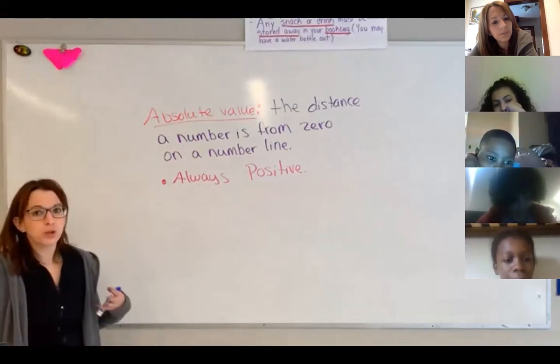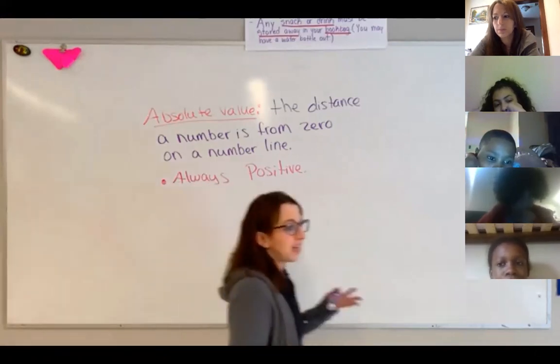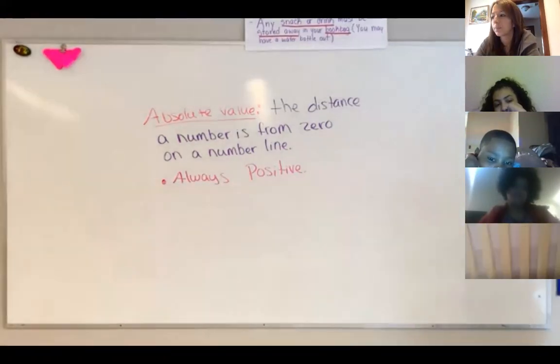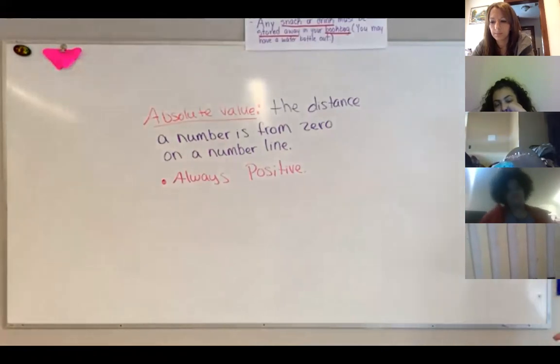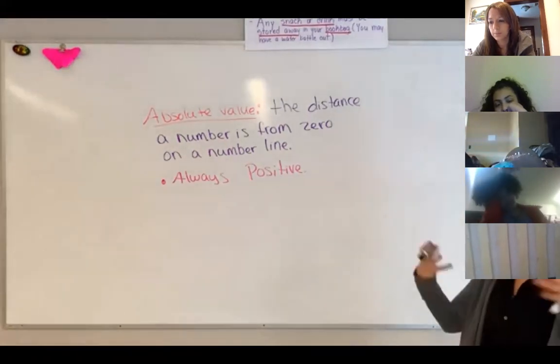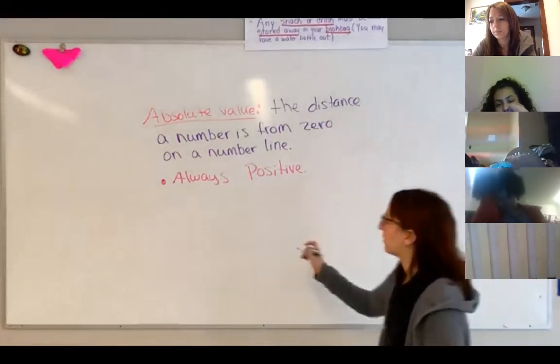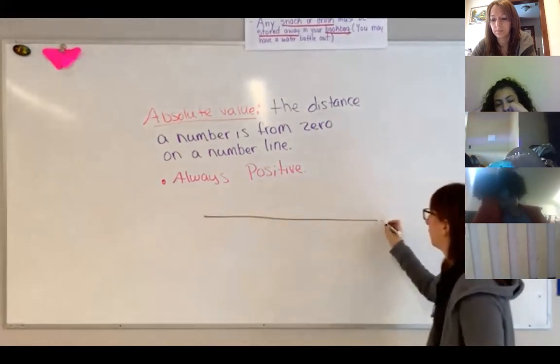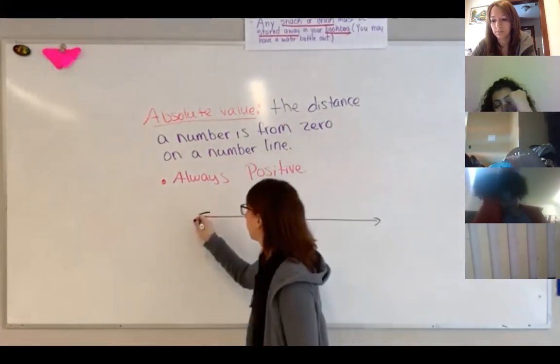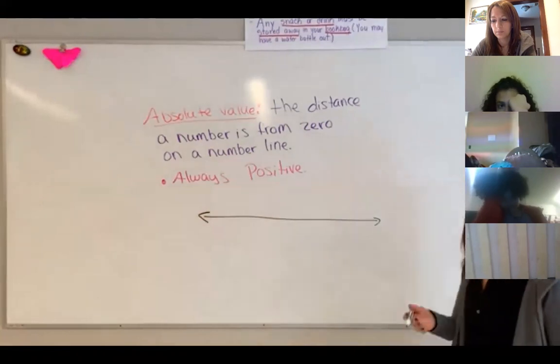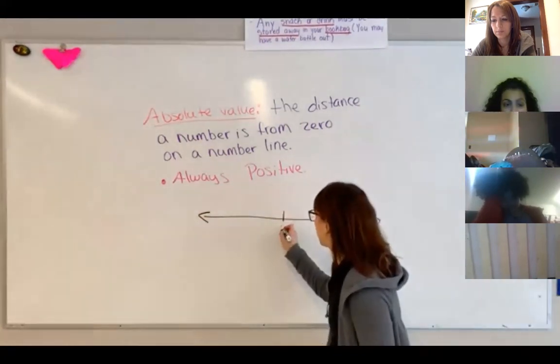So for example, when you walk, right, your feet increase when you walk. You drive a car, the miles on the speedometer increase. It's always positive. So let's look at what this looks like on a number line. Draw a number line. We know that in the center of a number line, we always have the number 0.